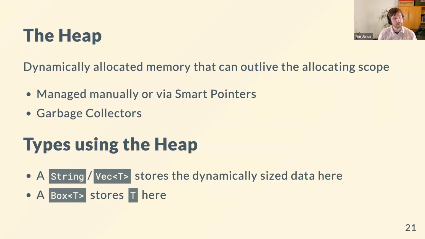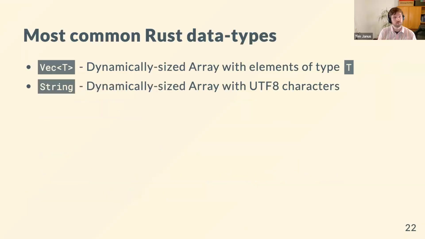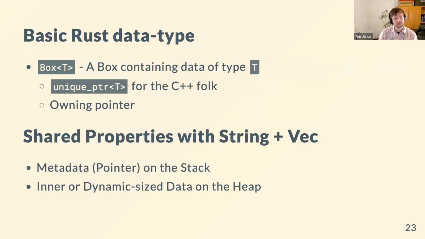Well said. So yeah, I already mentioned those most common Rust types that use the heap, which are the dynamically sized array of elements T, like a vector, or the string, which is also a dynamically sized array, but of UTF-8 characters. And this basic Rust data type, I left in here because some of you may have a C++ background, and that is actually the unique pointer in C++.